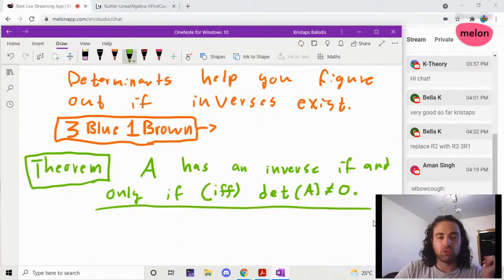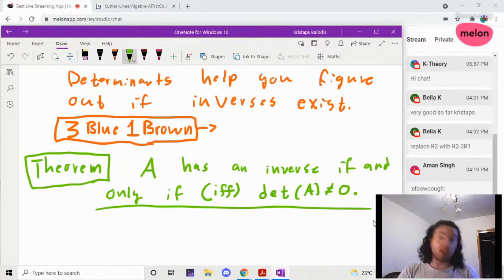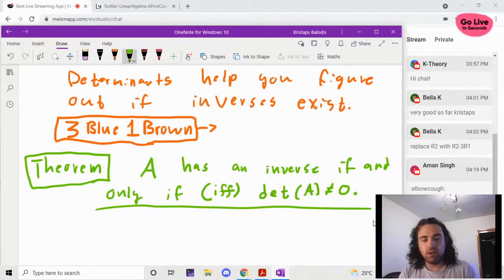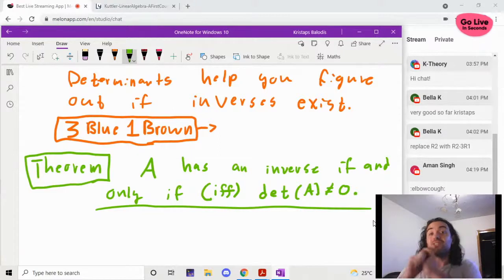The if and only if means that, number one, if A has a non-zero determinant, so any number not equal to 0, then you know the inverse exists, guaranteed. But number two, it tells you a second piece of information, which is slightly different: if the determinant is equal to 0, then it is definitely guaranteed not to have an inverse. You'll never be able to find an inverse matrix for it.